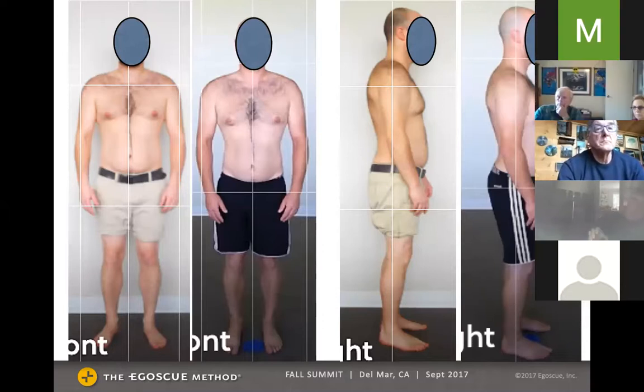Feet are going out. Yeah, quite a bit, right? Anything else? His head's forward a little bit. Look at the knees, and of those conditions we talked about earlier, how would you diagnose his knee position?